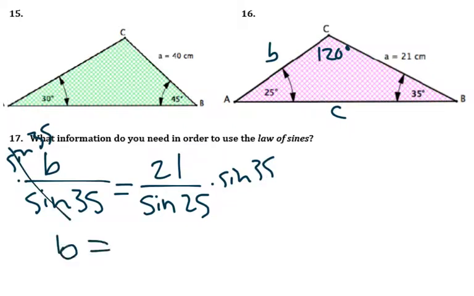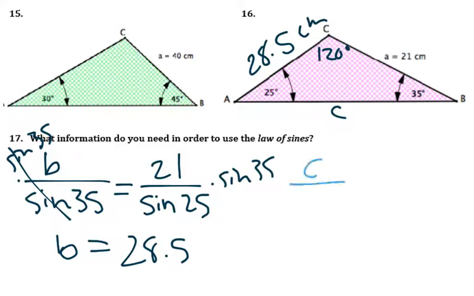Those cancel. B equals sine of 35 times 21 over the sine of 25. So I get 28.5 for B. Centimeters.